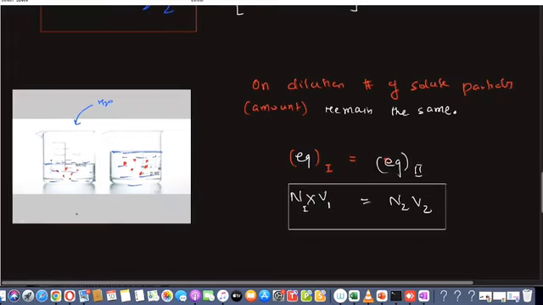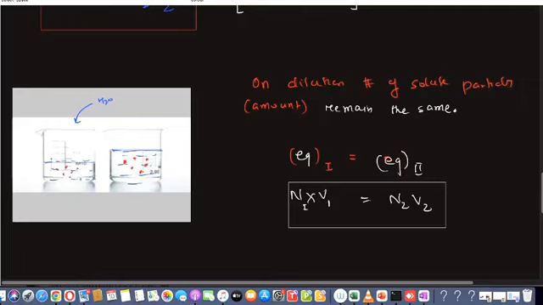The number of solute particles remains the same. So what happens here? Initial number of solute and final number of solute. Suppose this is container 1, this is container 2. After adding some water to it, the water level increases. It was initially, suppose, N1 and the volume was V1. Now the volume becomes V2 because the volume changes, and so does the concentration, because on dilution the concentration will decrease.